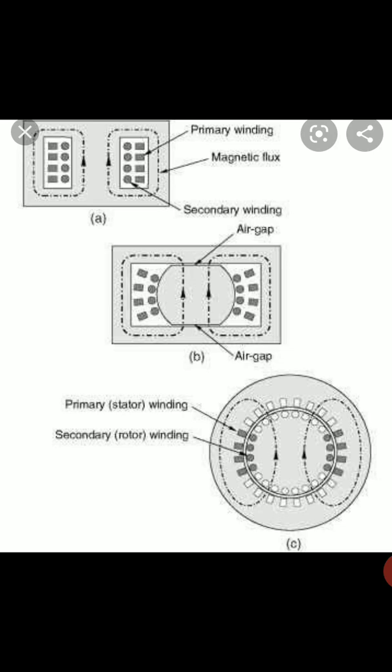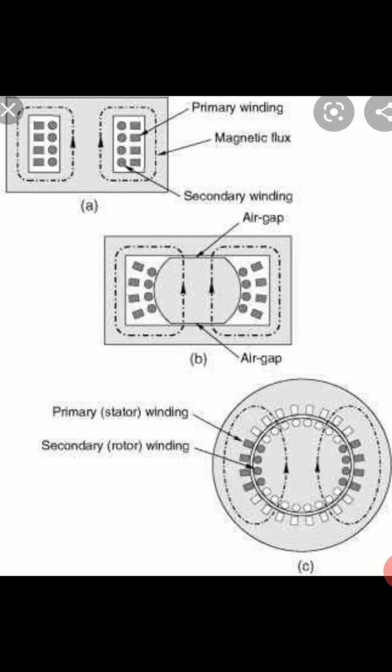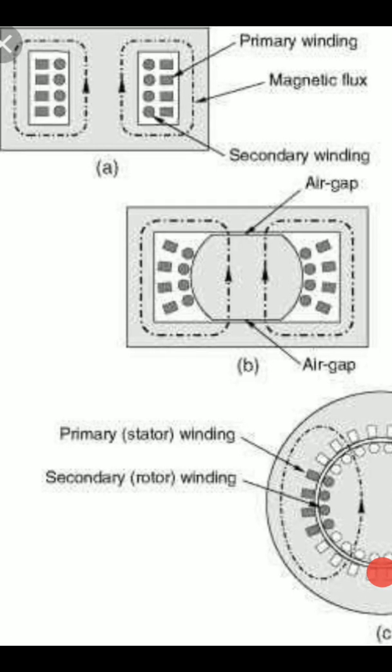The induction motor operates on the same principle of induction, because the stator winding is connected to the three phase AC voltage, and AC voltage is induced in the rotor winding, as shown in the figure. Here we can see the primary and secondary winding.